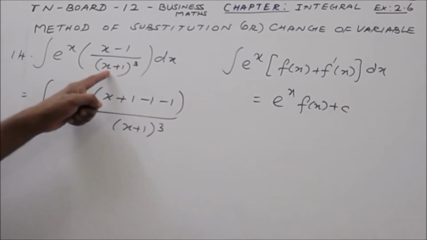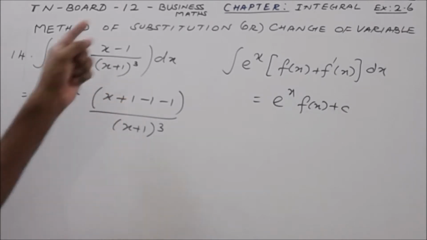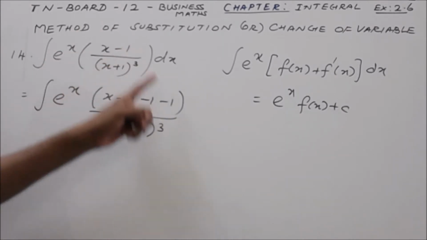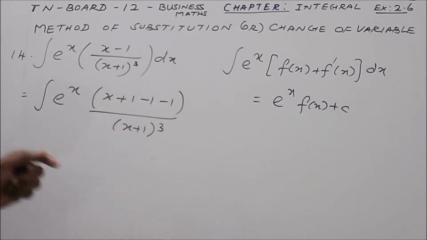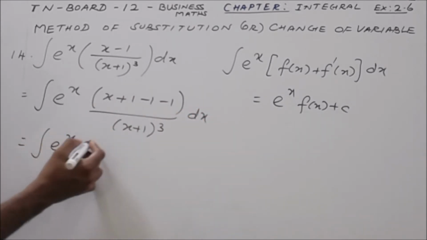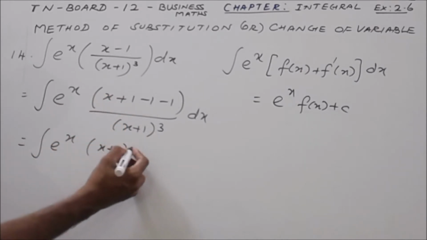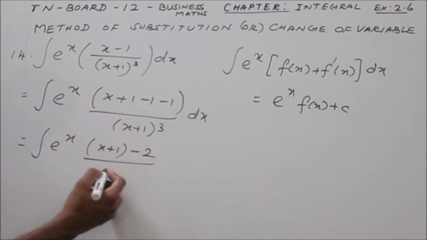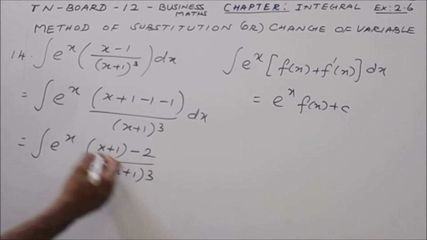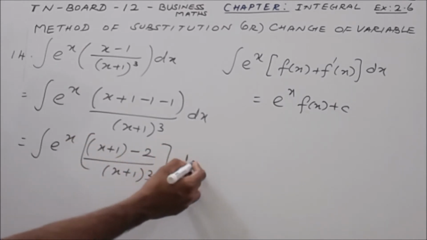In order to bring x plus 1 in the numerator, I am adding 1 and subtracting 1, and already we have one more minus here. So totally we have integral e power x. We can split this into (x plus 1 minus 2) divided by (x plus 1) whole cube into dx.